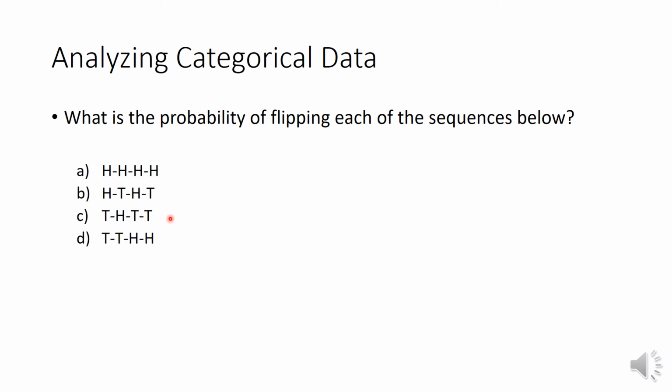Before I even continue on, try and solve both A and C. See if you can figure out what the probability of getting 4 heads in a row is and what the probability is of getting tails and then heads and then tails and then tails. So go ahead and pause this, try and work those out, and then we will go over it together.